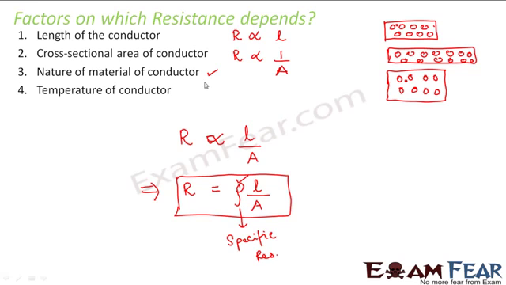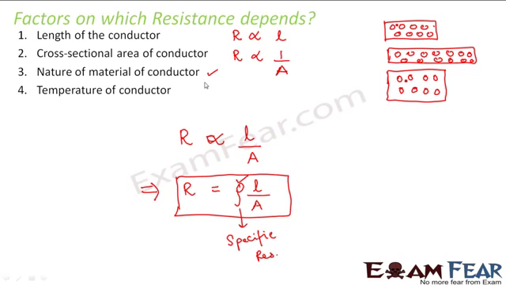Now you might ask how the dependence of resistance on temperature is taken into account in this case. Well, it is not exactly taken into account here. However, it has been observed experimentally that in metals, insulators or semiconductors, the resistance changes with change in temperature.